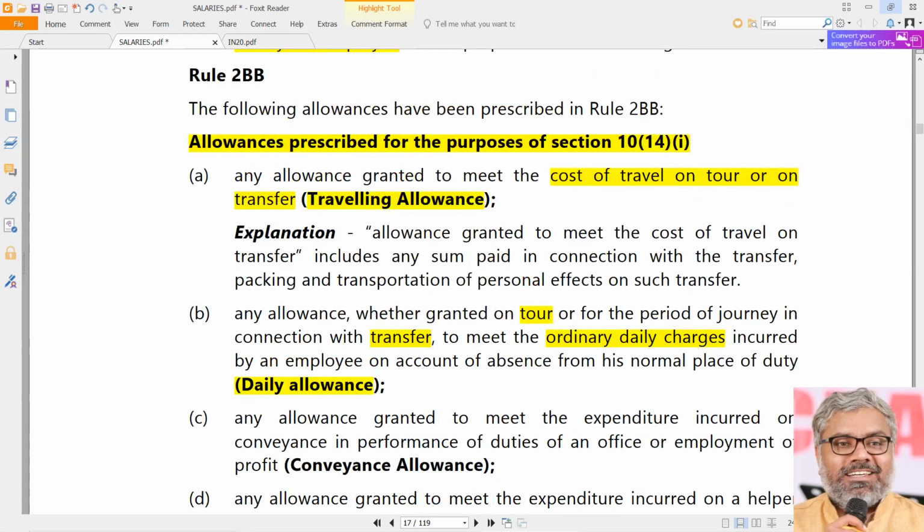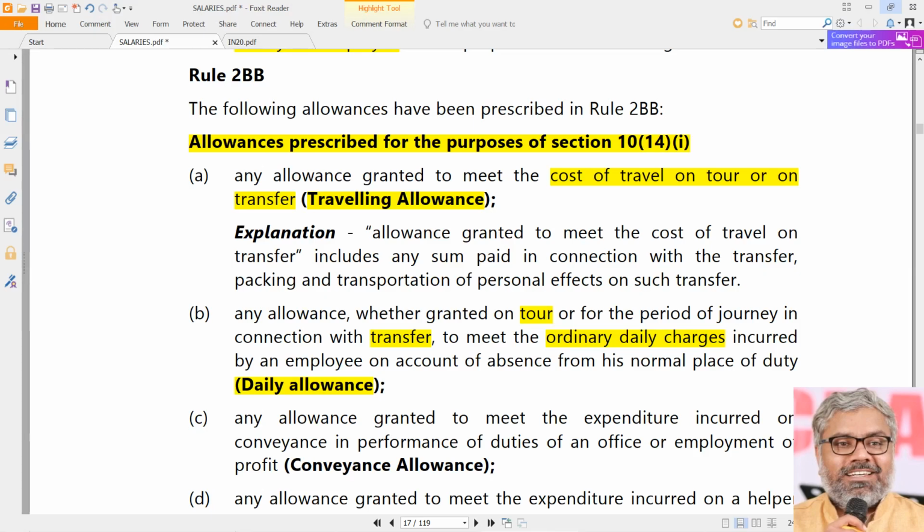So, traveling allowance purpose is different. That is cost of travel. Daily allowance purpose is different. That is to meet the daily expenses on tour. Imagine an employee is being transferred from one city to another city. In the new city, to settle down, it will take time for him now. So there he has to meet his daily expenses. Maybe he has to stay in a hotel or somewhere, daily food, etc. A lot of expenses will be there.